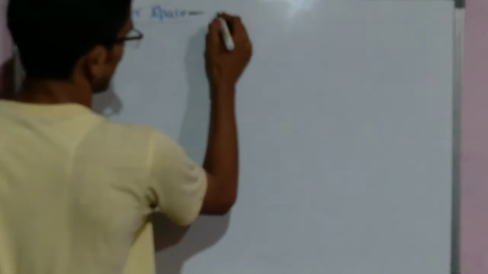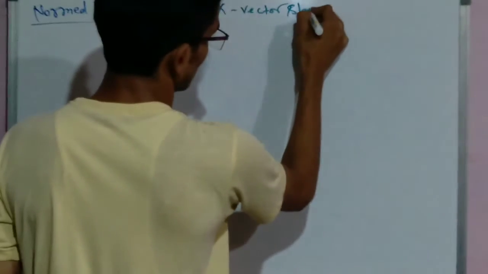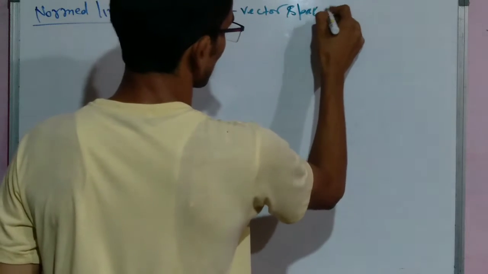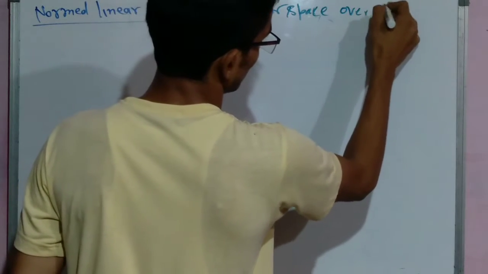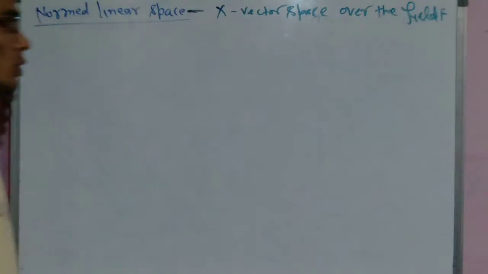Suppose X is any vector space over the field F. We can define a function from X to R, called the norm function, such that first, norm of x is greater than or equal to 0.